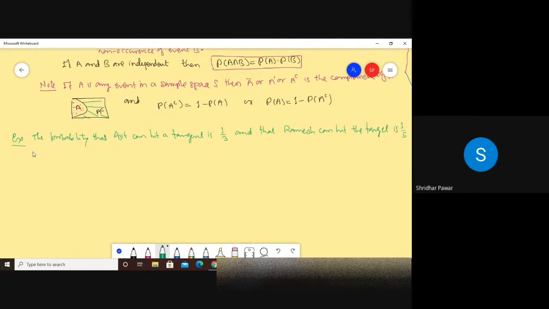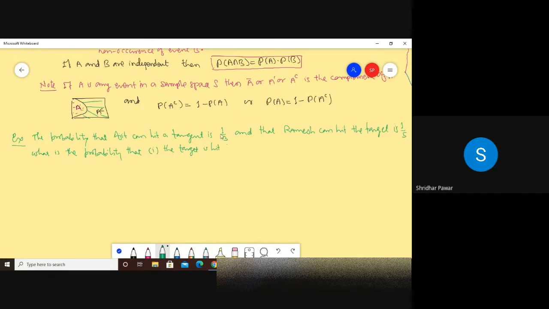ओके, सो what is the probability that number 1, the target is hit, किंवा इथं असं दिलं जातं at least one of them hits the target.